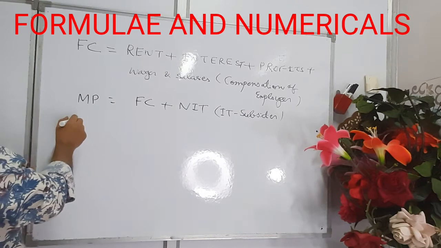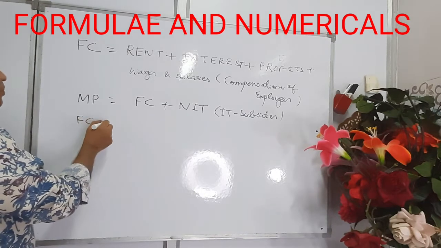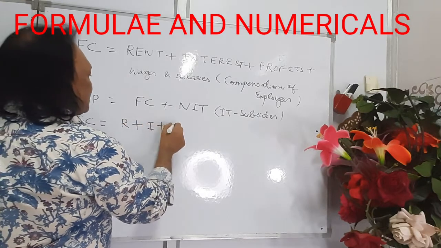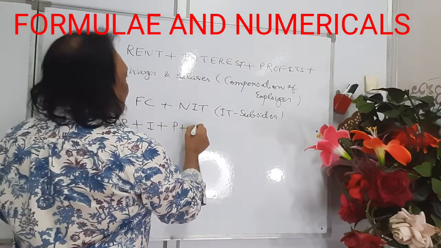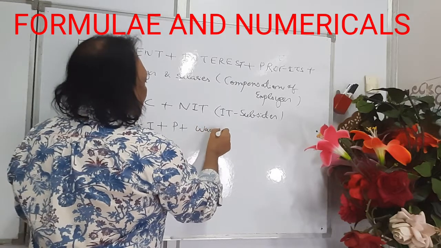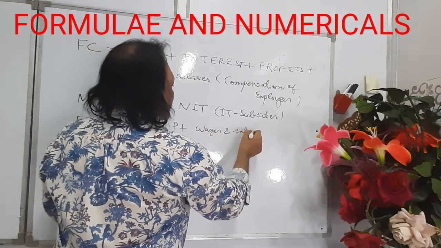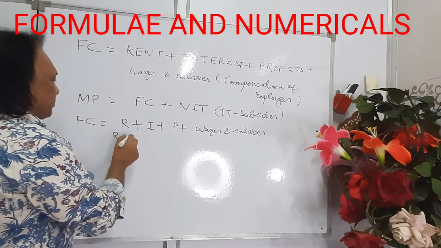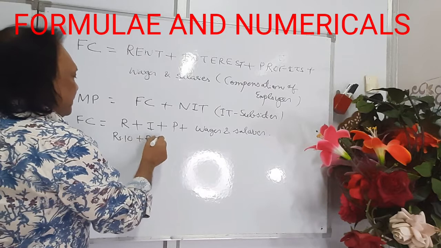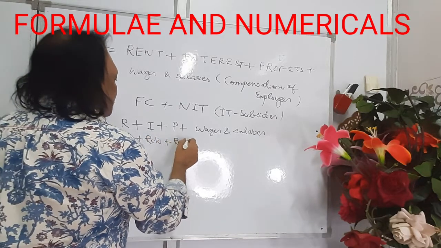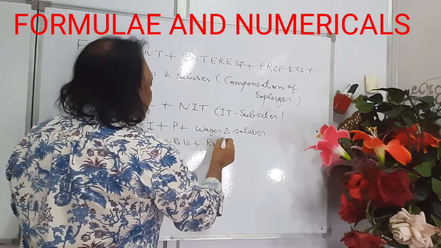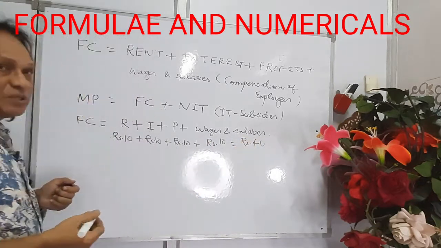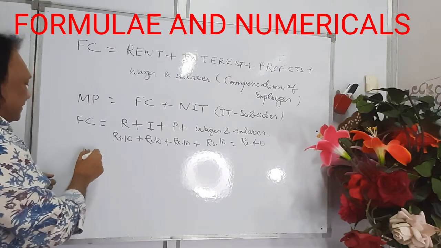Now we'll take a numerical example. Factor cost, I'll write it here: rent plus interest plus profits plus wages and salaries. Suppose we take rent as 10, interest as 10, profits as rupees 10, wages and salaries as rupees 10. So the factor cost of the commodity will be rupees 40. And what is market price? Please follow.